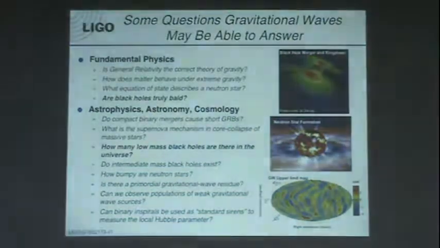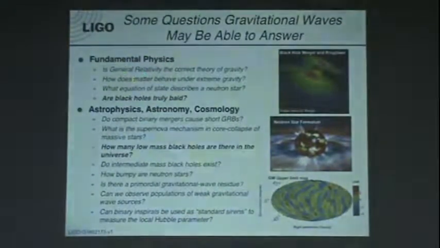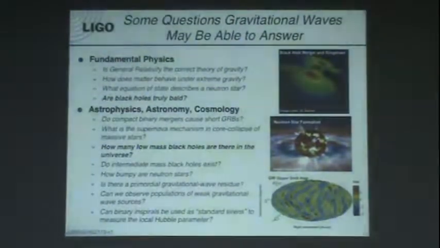Why are they interesting to astrophysicists? Well, there are a number of reasons. First, there are a number of questions you can answer in fundamental physics with gravitational waves. First question: is general relativity the correct theory of gravity? If we detect gravitational waves that aren't consistent with general relativity, it means that either general relativity is wrong or there's some extension to general relativity that we have to put in place.